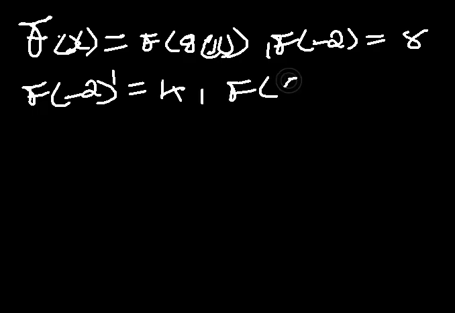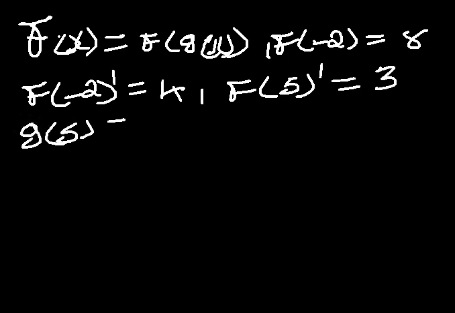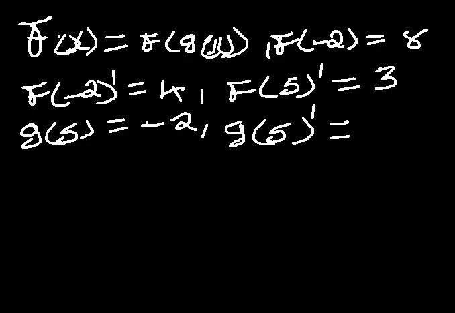And let's say f prime of 5 we have as 3. And we have also been given g of 5, let's say it is negative 2. And also in the same case we have g prime of 5, and let's say it is given as 6.